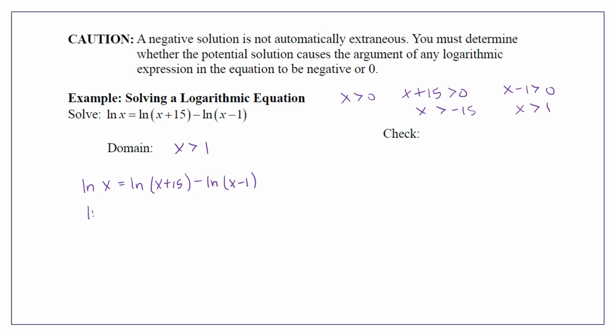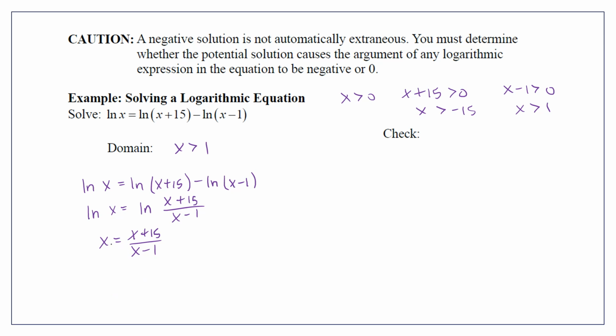So we'll have the natural log of x equals the natural log of x plus 15 divided by x minus 1. So now that we have natural log on both sides, we can drop the natural logs and set x equal to x plus 15 over x minus 1. And so now we can solve for x.